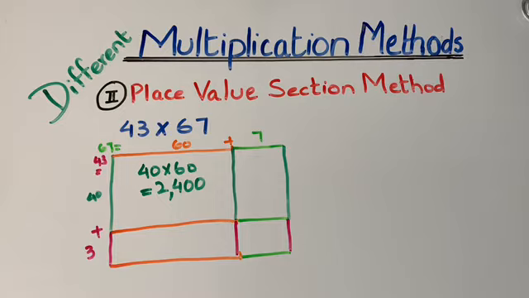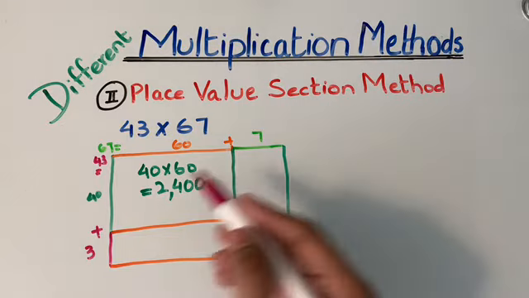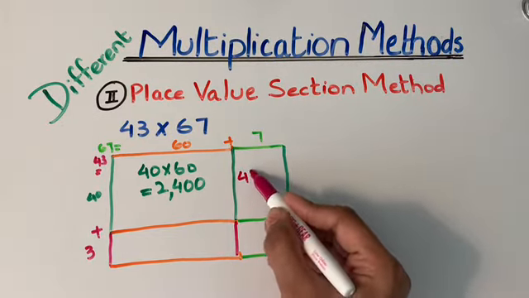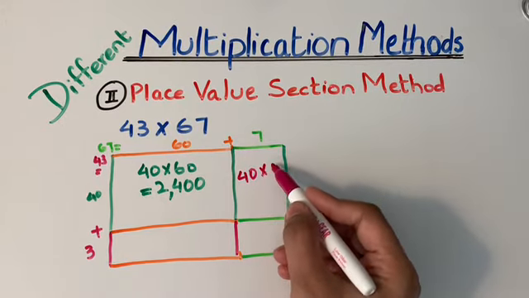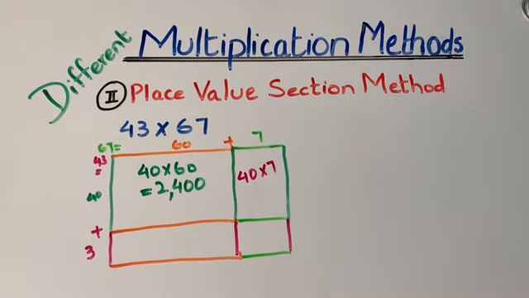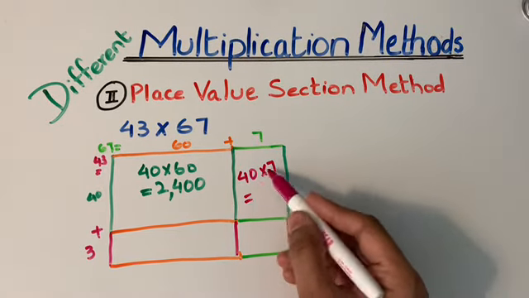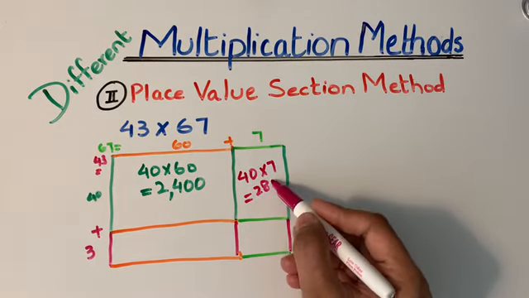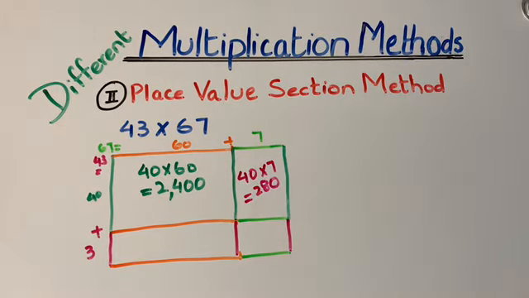Now in this section we have to multiply 40 times 7. So 4 times 7 is 28, and this 0 will come here, so it will be 280.